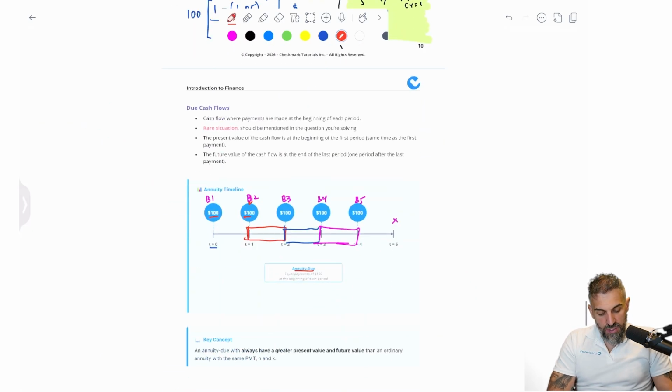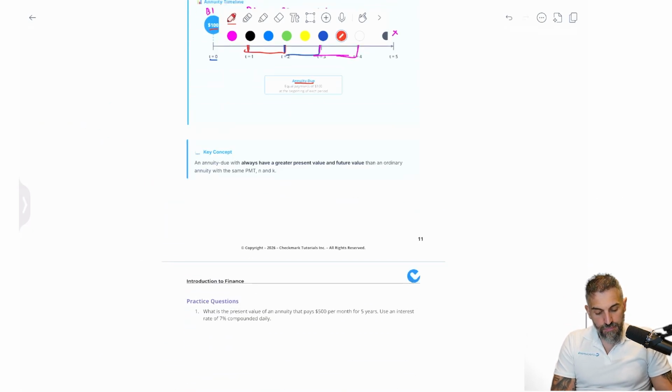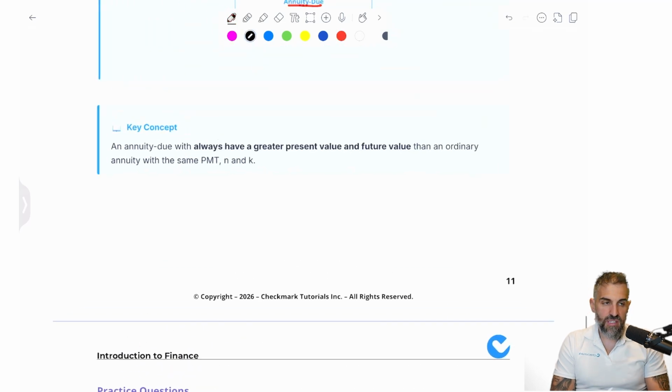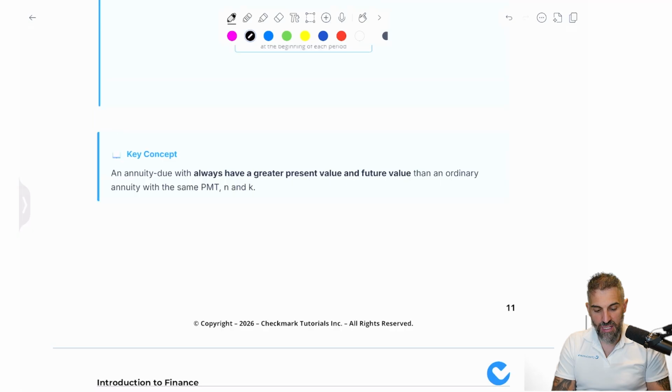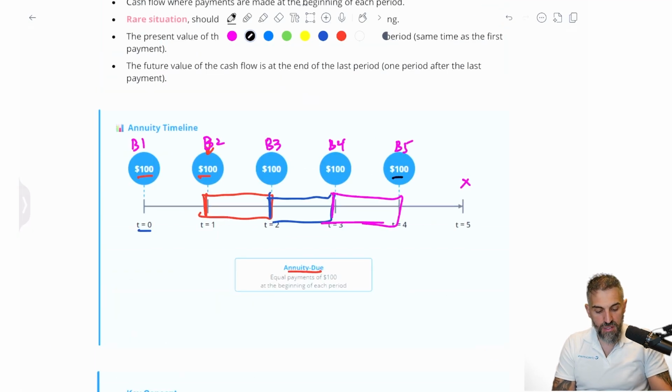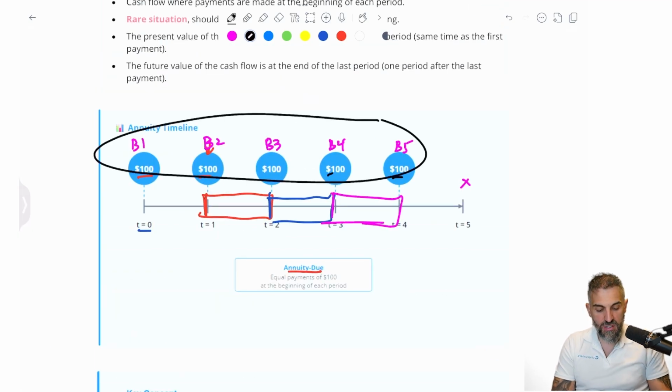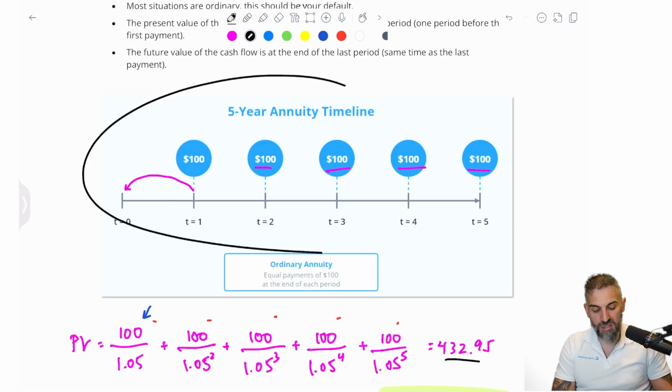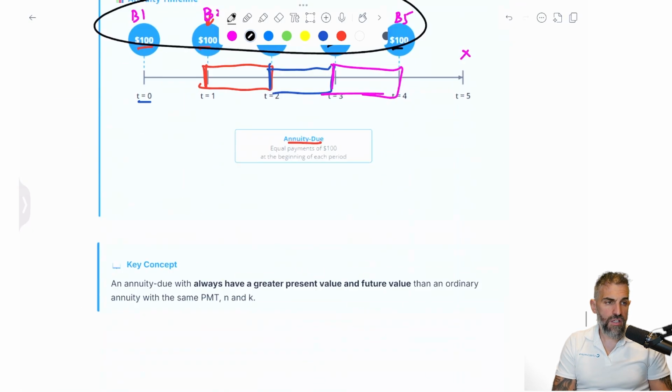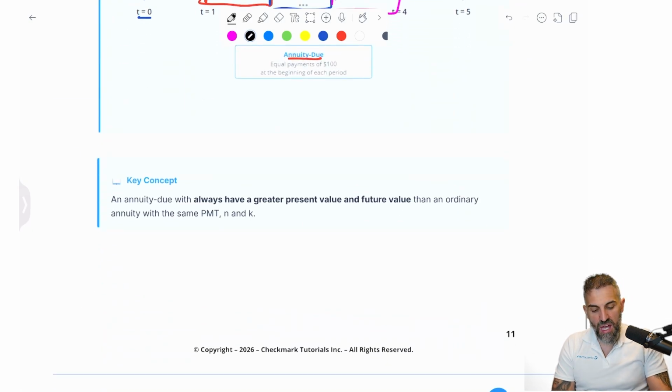So let's do a few exercises. Oh, here's something that comes up conceptually sometimes. When you're dealing with annuities, if you have 2 annuities that are the same, meaning exact same payment, like what you have in this image, the same payment, the same number of payments, but the only difference is the timing, an annuity due will always have a greater present value and a greater future value than an ordinary annuity.